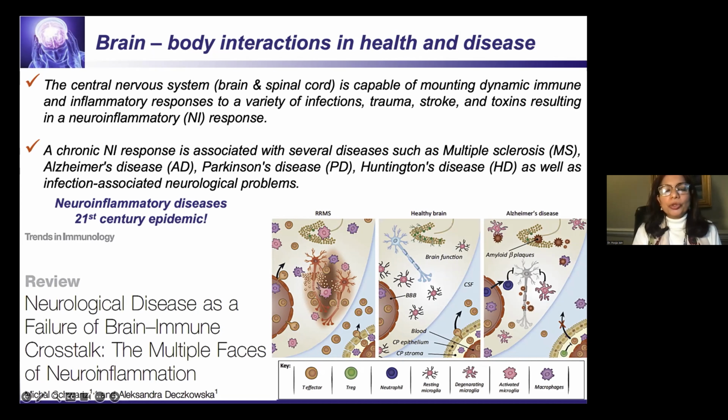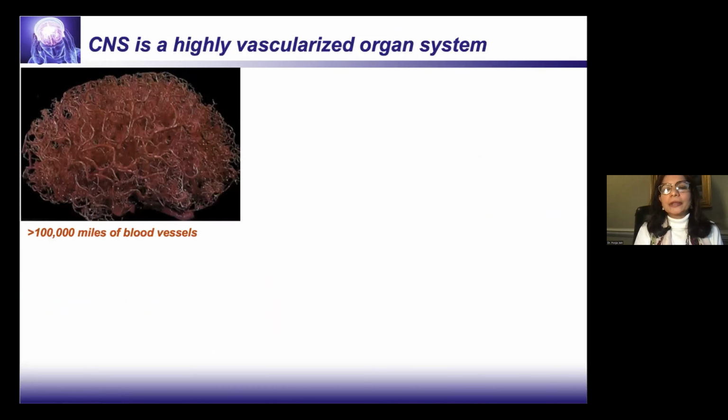This review from Michal Schwartz from the Weizmann Institute nicely lays out how most of the problems in the brain and spinal cord are because of the failure of brain-immune crosstalk. That will be a suggested reading for those who are interested.